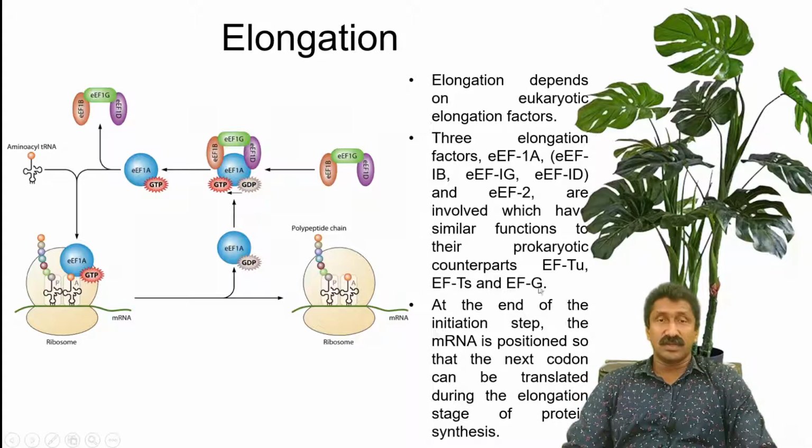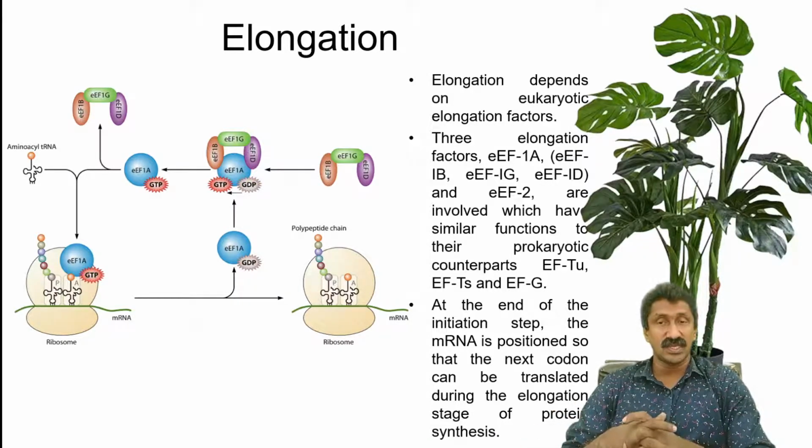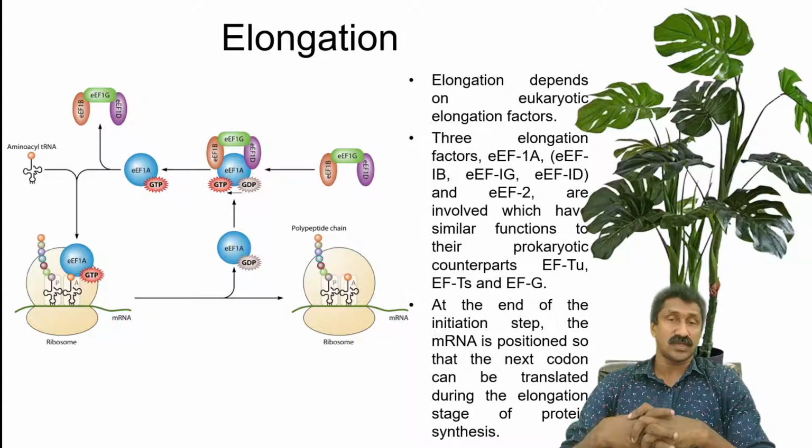Now the third one is eukaryotic elongation factor 2, which is equivalent to EFG in prokaryotes, and that has a role in translocation. During the elongation process we have another stage in which we describe the translocation process. In prokaryotes, EFG is involved in translocation, whereas the counterpart in eukaryotes is eukaryotic elongation factor 2, which performs the translocation.